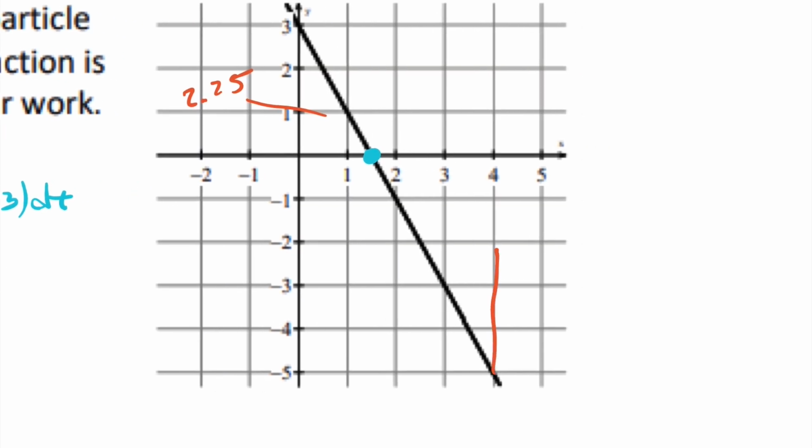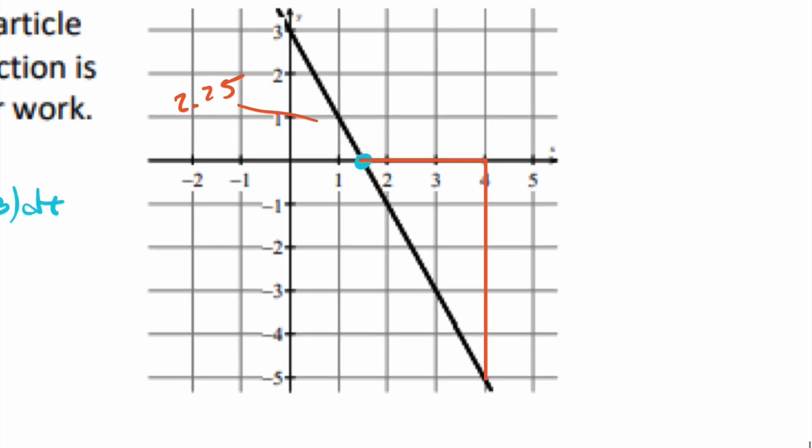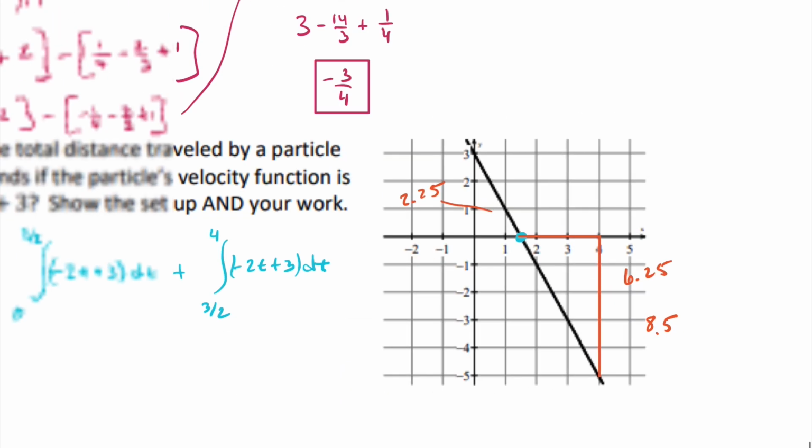This one is 5 by 1, 2.5, so half of that is 2.5 by 2.5. That's 6.25. We should get 8.5 or so. Yeah, 8.5.